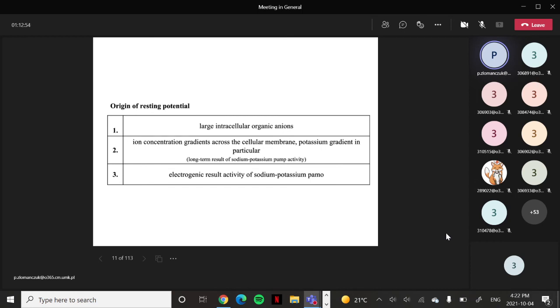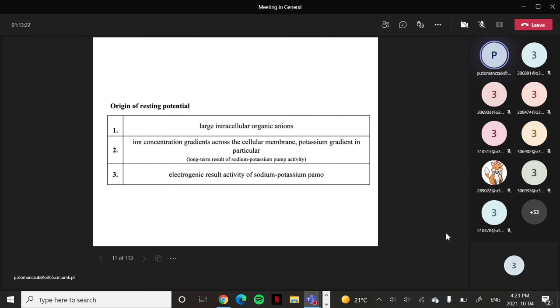This activity results in the phenomenon which is called resting potential. Because the pumps are responsible in a major way for a difference in the charges between inside and outside of the cell, the resting potential in large part is produced by those pumps.